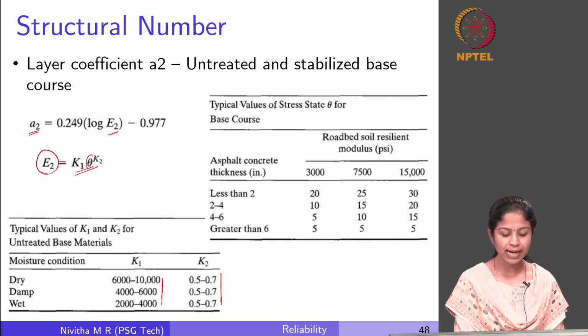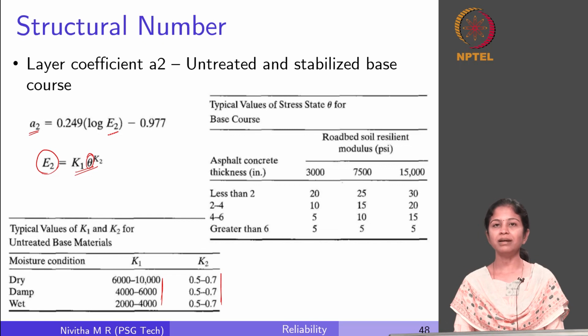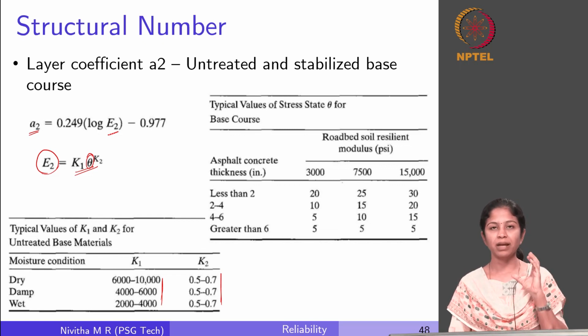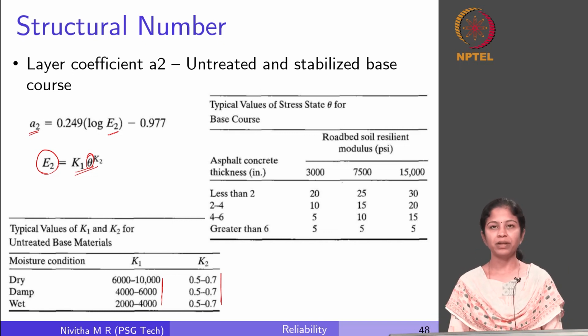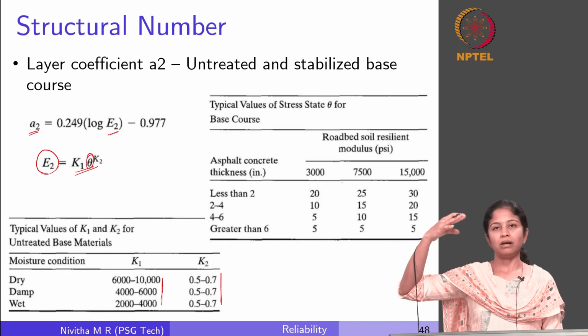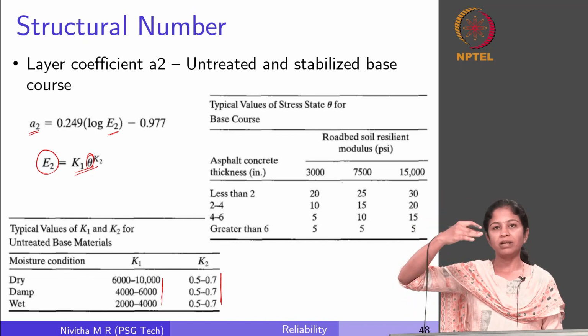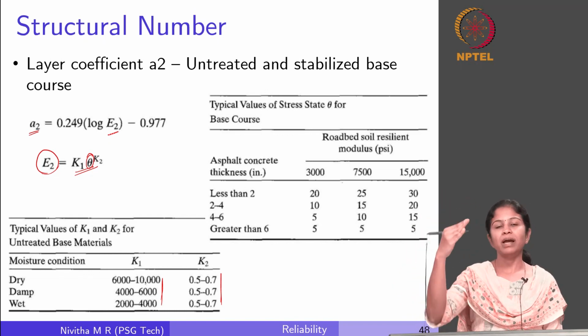Again, what is this theta? This theta is nothing but the stress state of the material. The modulus that is experienced by a given layer depends upon the stress state of that layer, right. So, basically what is the load that is coming onto that layer because of the above lying layers.